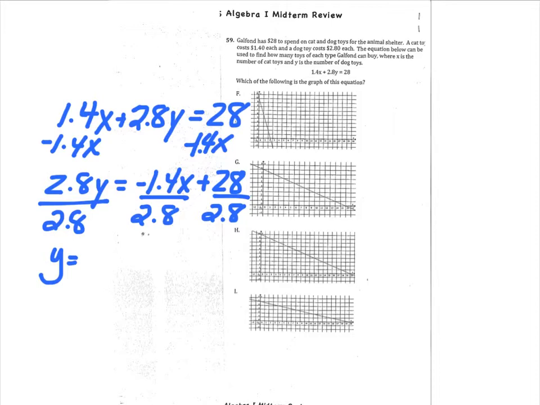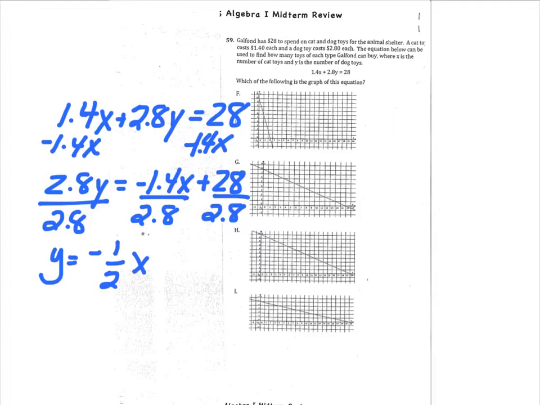negative 1.4 over 2.8. You might recognize that this slope is negative and that 1.4 is half of 2.8. So that would actually reduce to negative 1/2. And if you divided 1.4 by 2.8, you would get 0.5, which hopefully you recognize as 1/2.